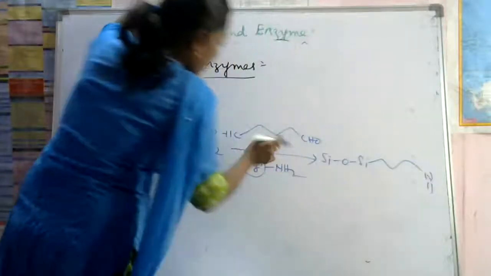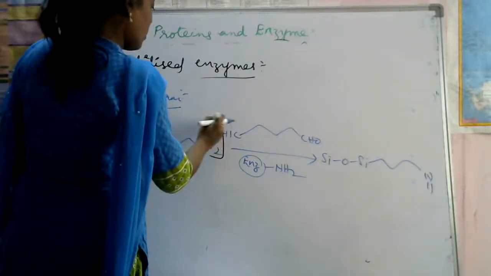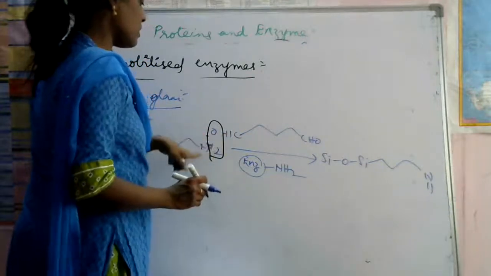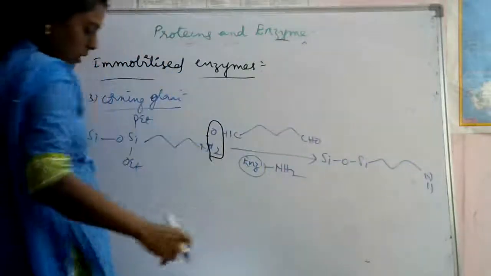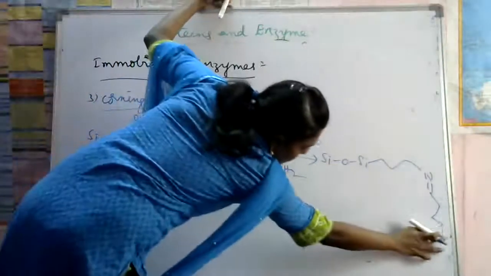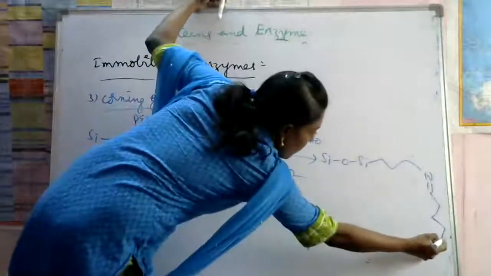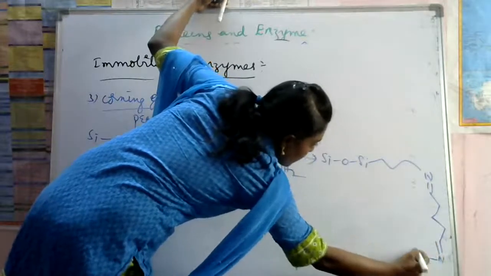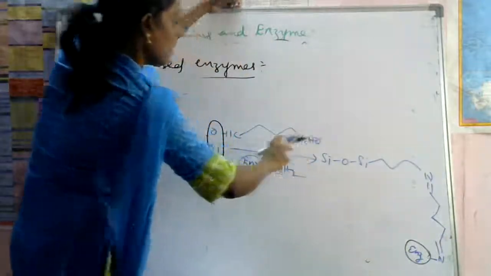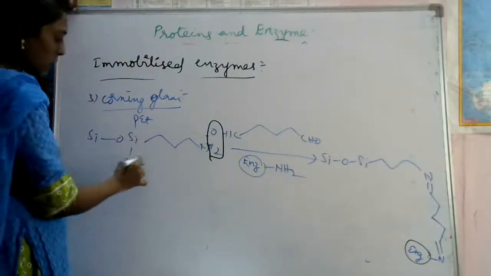It removes H2O, and a double bond is formed between this C and this N. Another N forms a double bond and is attached to the enzyme, and this N reacts with the NH2. That is one of the reactions.